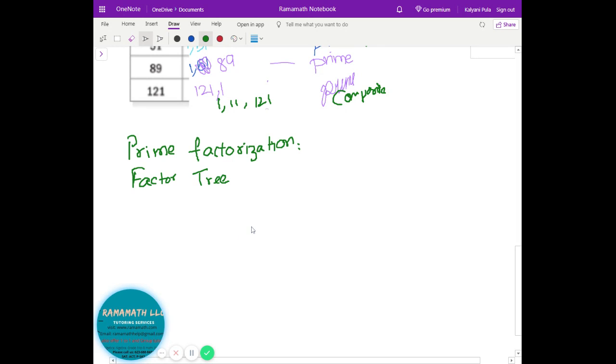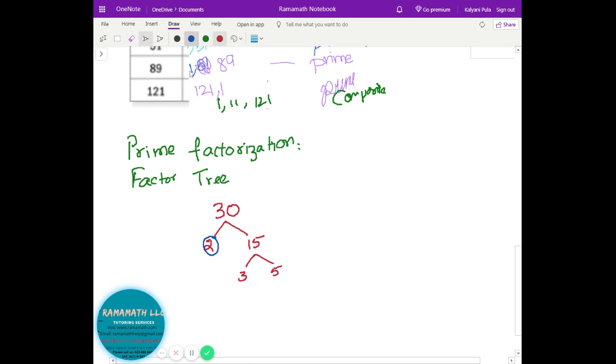Let's take one example and find the prime factors of 30. 30 you can write as 2 times 15. Once you get a prime number, make a circle, that way you don't miss them. And 15 is not a prime number, so I'll break it down into 3 times 5.